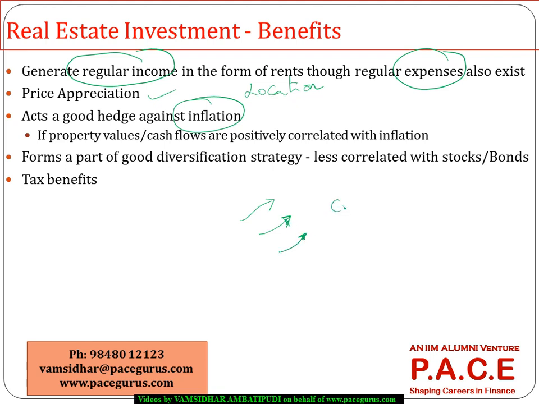So typically things like commodity and real estate are generally looked at as a hedge against inflation, because even if the prices go up, their value is going to go up in general circumstances. Which means they are treated as a good hedge against inflation, especially when the cash flows of the property are positively correlated with inflation, which in most cases will be.